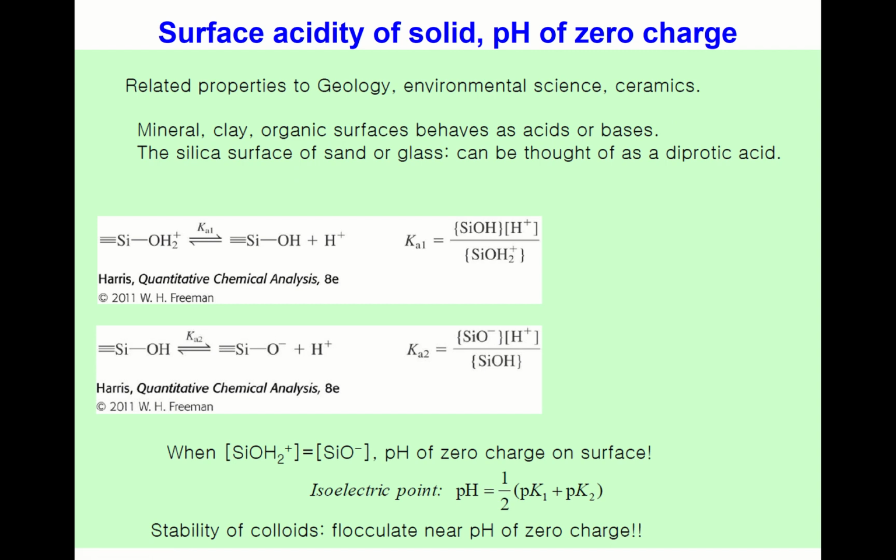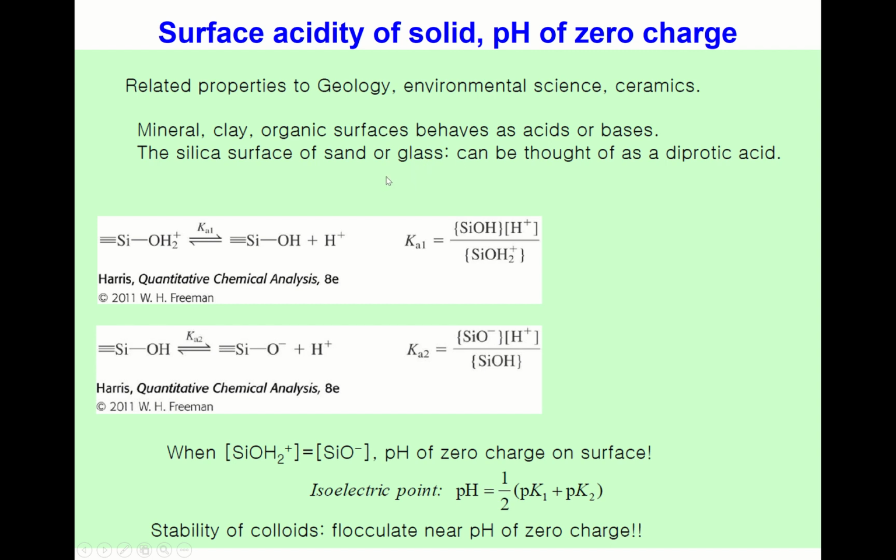When you think of acids or bases, your knowledge must not be confined only to the ordinary acids or bases. Even minerals or clay, or even a solid surface, can behave as an acid or base.